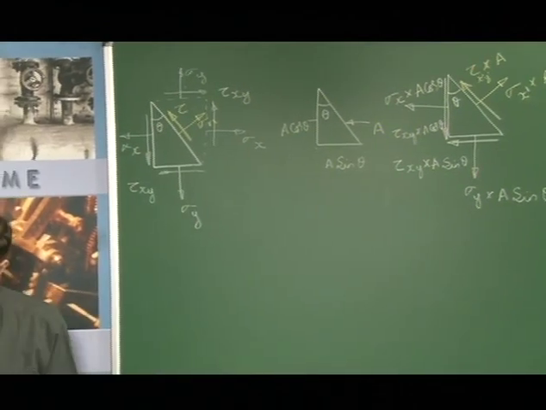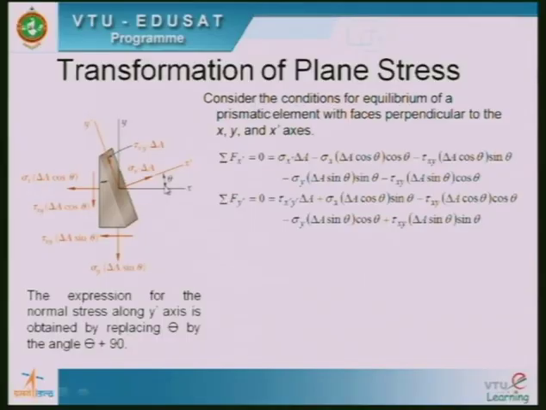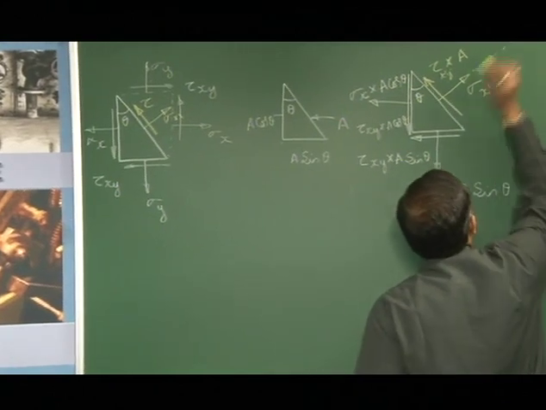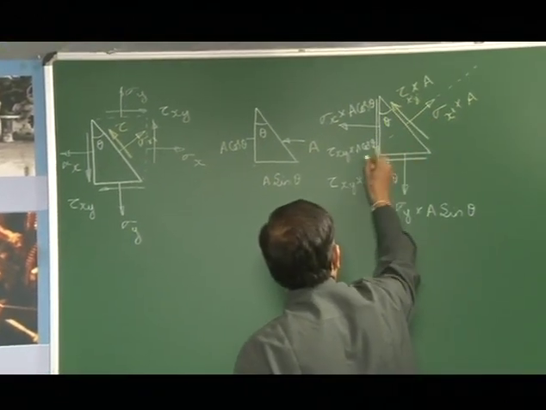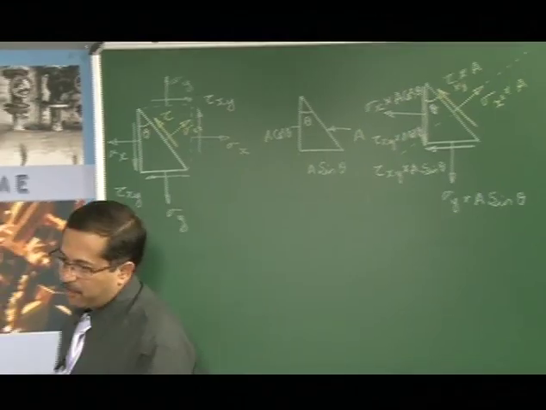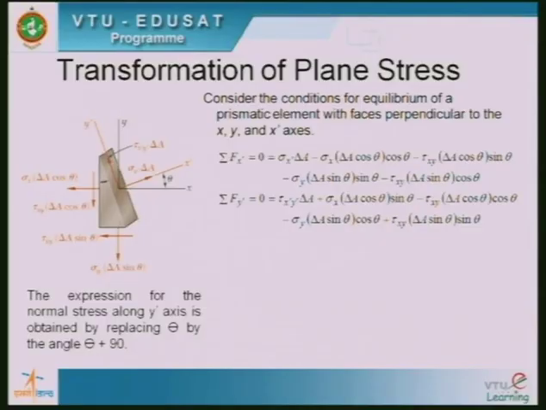Okay. Now, if I take all the forces that are going to be acting along this plane, that is the x dash plane, which is along this, let us sum up all the forces acting along this, which is given here as sigma F x dash equals 0.